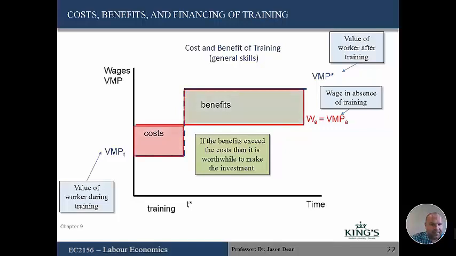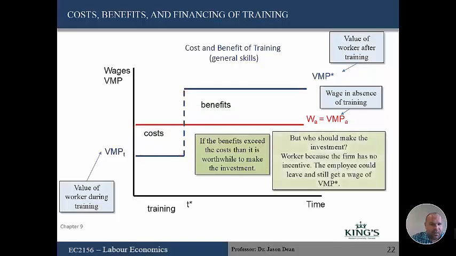And who would make the investment? So here, the worker would be interested in making the investment because the firm has no incentive. The firm could pay for the training, and so over this period would pay them their regular wage.